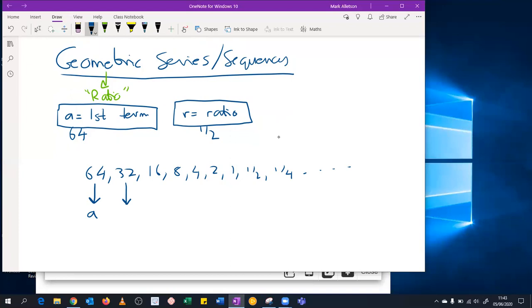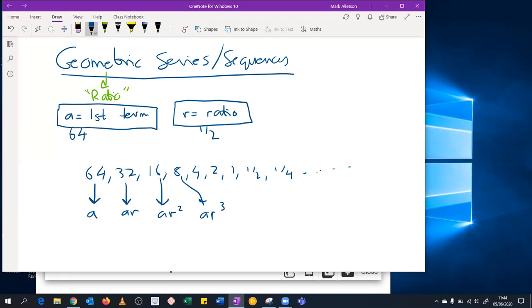Yes, excellent. So the next term of the series has to be general, because this ratio I chose a half, remember, but it could have been any number. I could have chosen 3, in which case the list would have got massive really quickly. So this one is ar. The next one is going to be ar, but now times another r, so it's ar squared. And the next one, you're timesing by another r, so it's ar cubed.